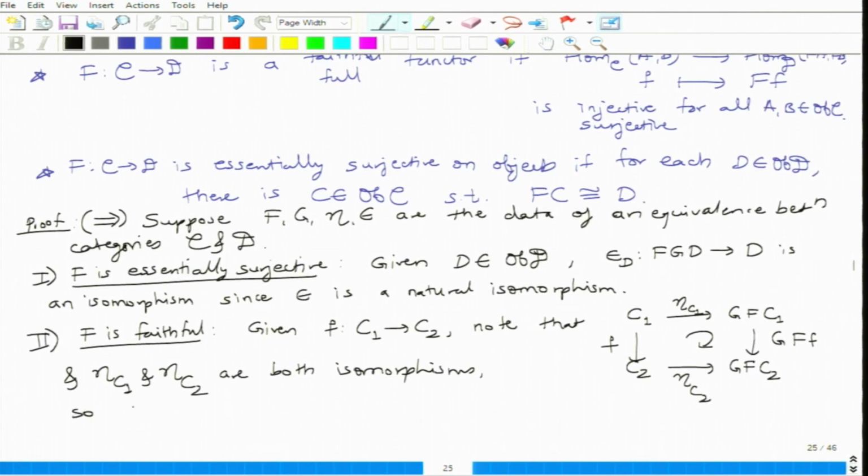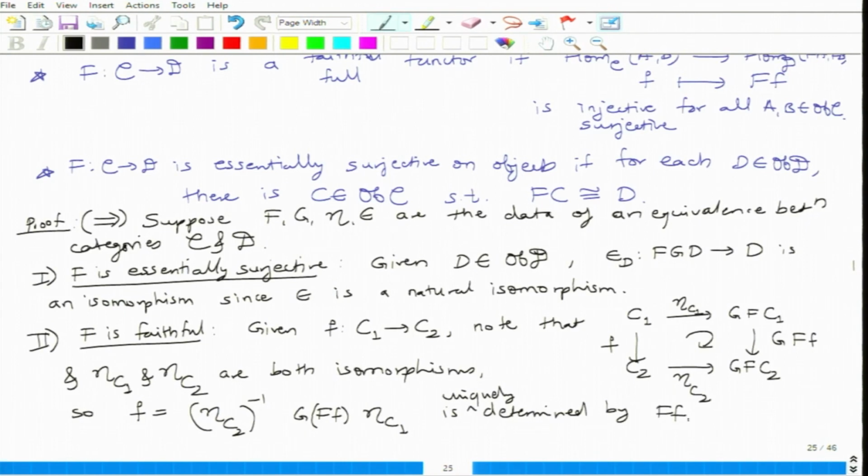So f is equal to, what can we say? f is actually eta C2 inverse composed with G of Ff composed with eta C1, and it is uniquely determined by Ff. You understand this?